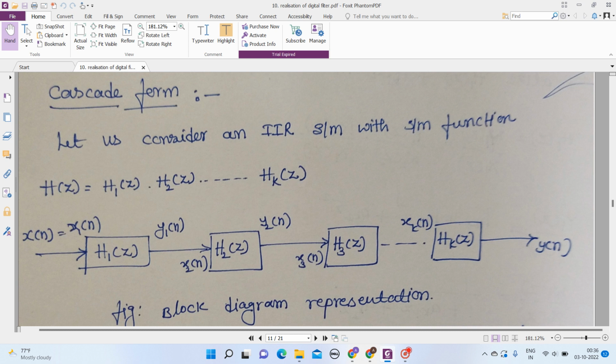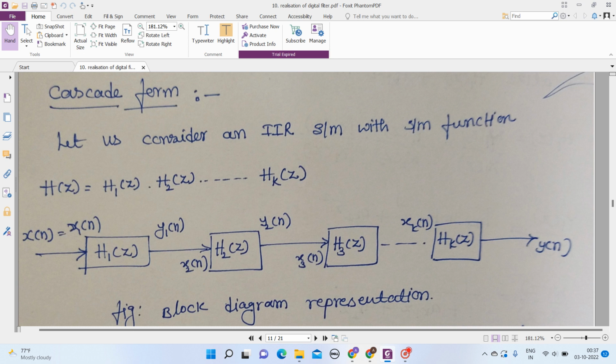Before watching this video, watch my previous video on direct form 2 structure, because in the cascade form structure we use direct form 2 in order to realize it. Without delay, we will start our session.